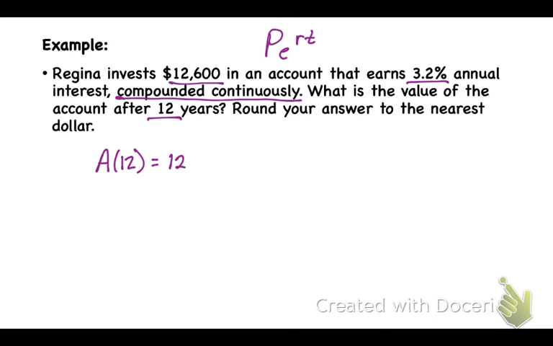So 12,600 E to the 12 times 0.032. You can put it in your calculator exactly like that: 12,600 E caret to the 12 times 0.032.